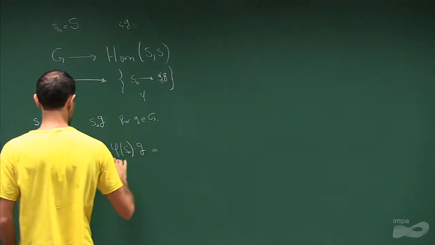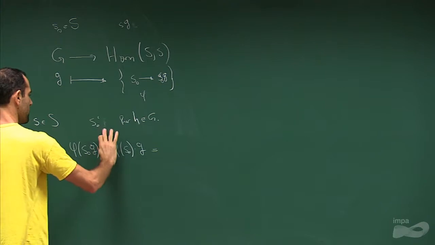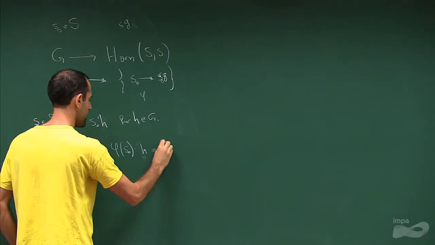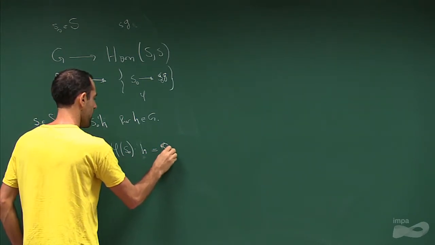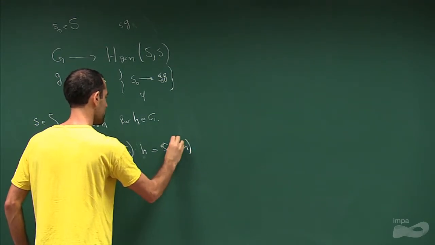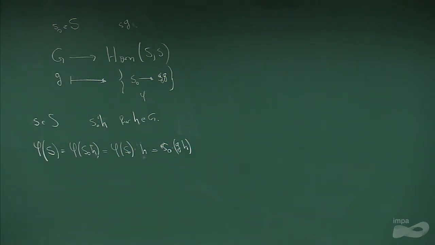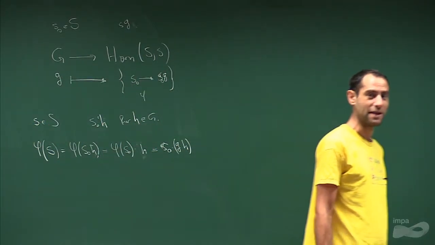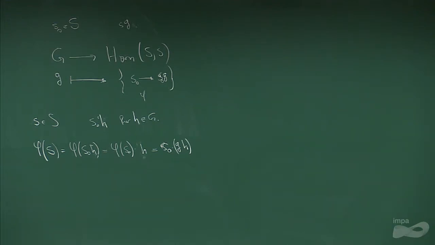Probably I should have chosen h here, here, here, and here. And now here we get s0gh. And now s is s0h, so yes. So that's an issue. How do we correct that issue? We're getting closer to finding where the issue was. It's the same issue that we had there.